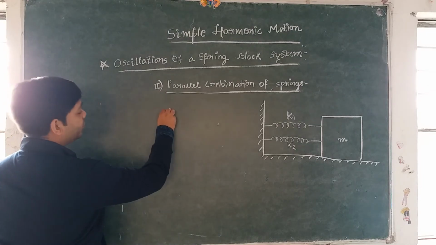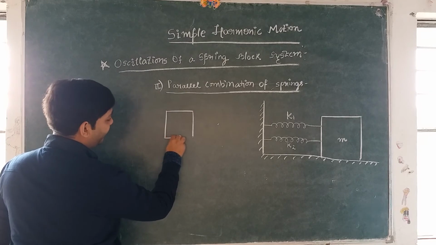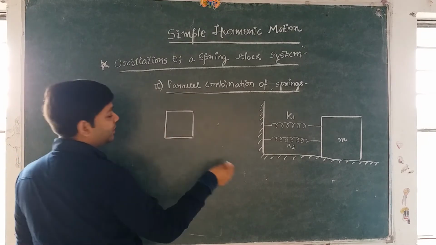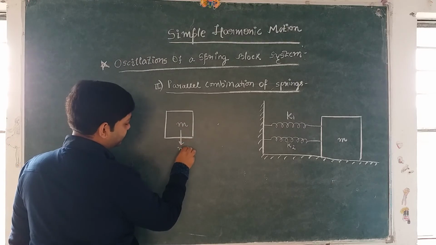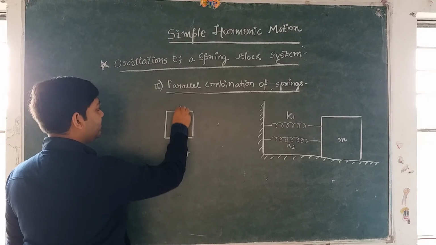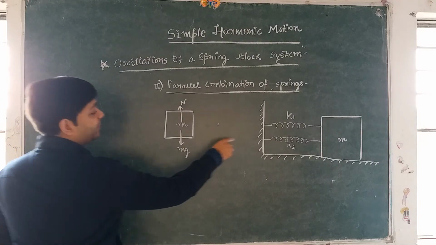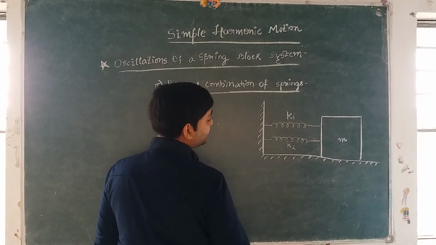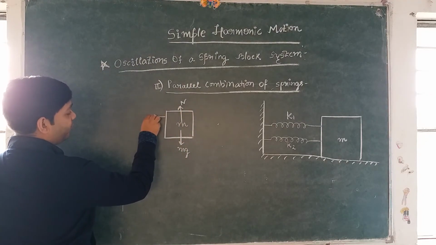So now I am going to draw the FBD of the block m when it is displaced by a small displacement x. There will be a force mg in the downward direction. There will be a normal force in the upward direction, and because the springs must have got elongated, there will be a force.